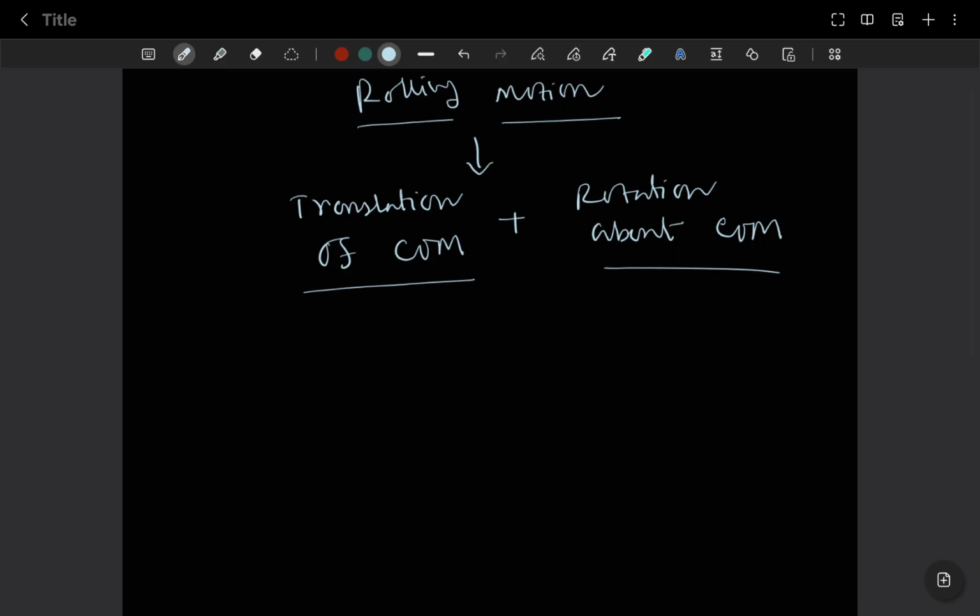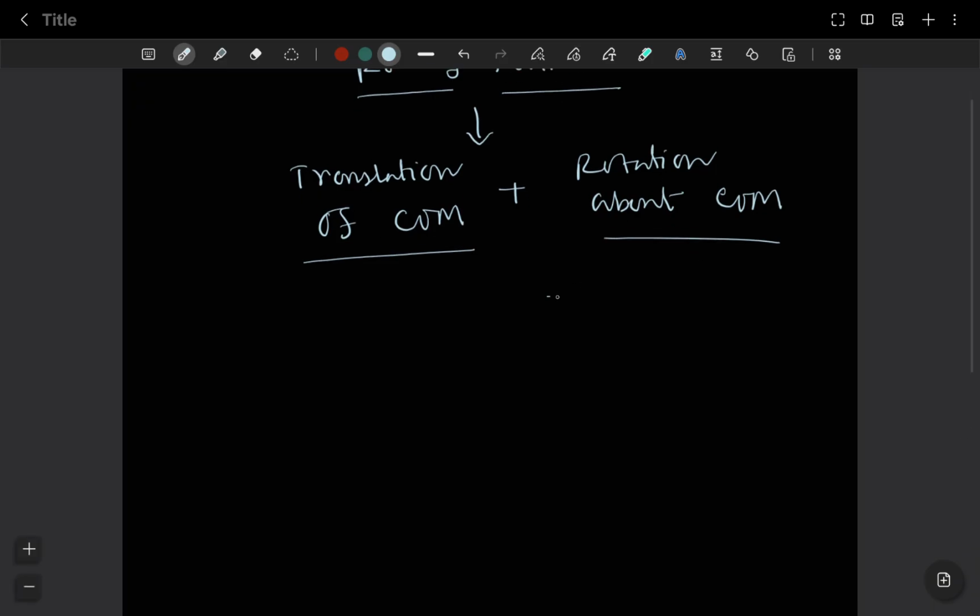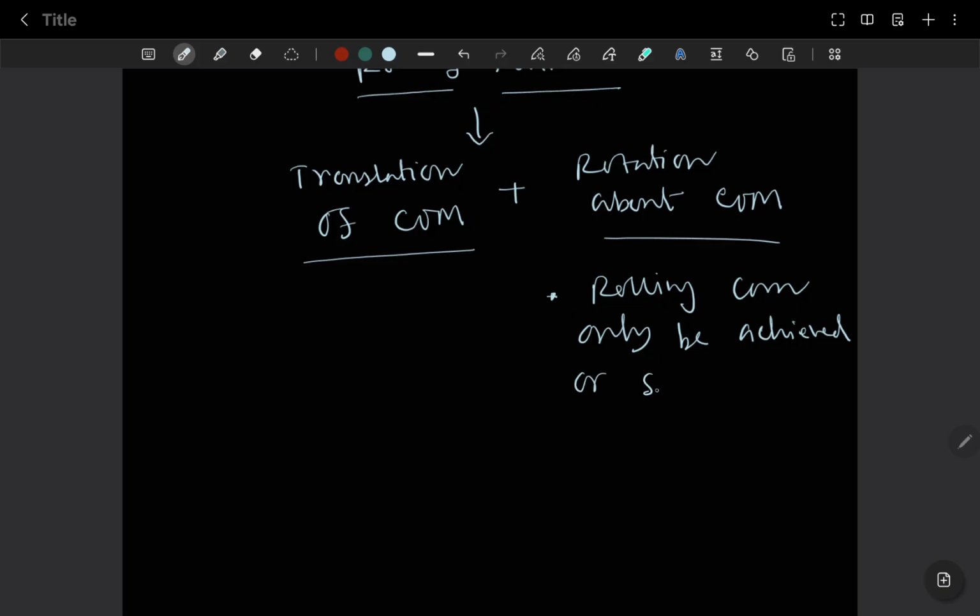Let me tell you two things. One, rolling can only be achieved or sustained on a rough surface.